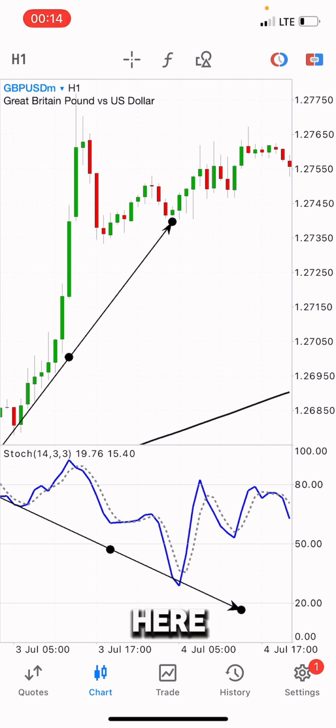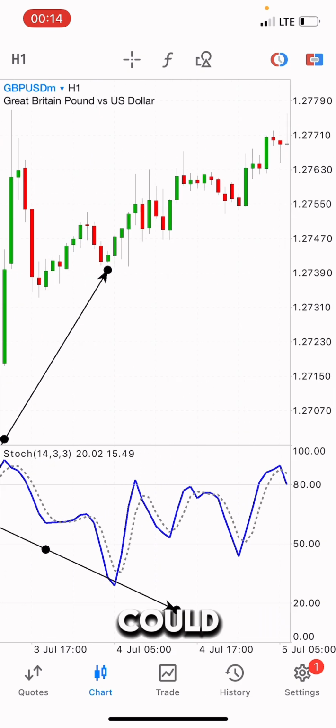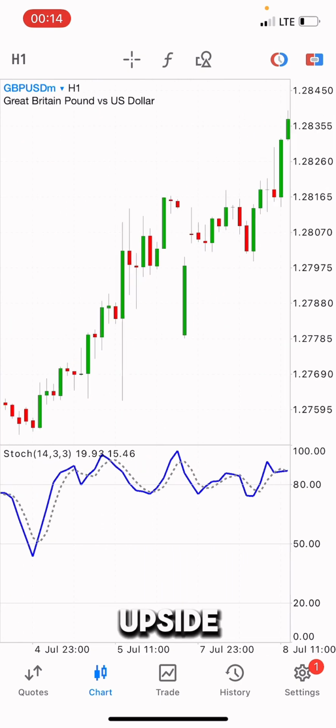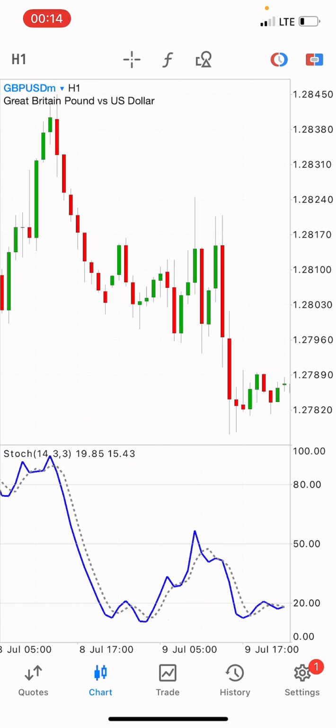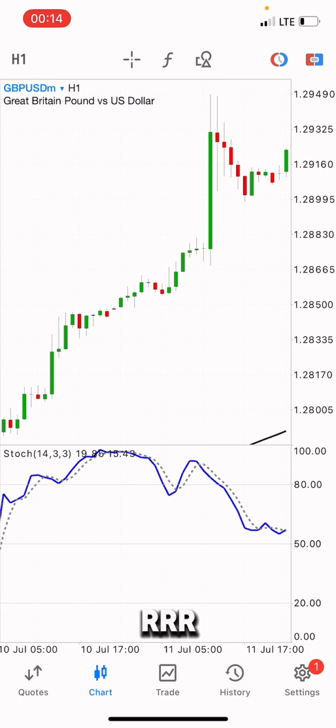Looking at this chart here, you would have seen that price made a form of candlestick confirmation here that this move to the downside was already completed. And after this star confirmation here, we could see that the market kept playing to the upside, and this was a trade that would have given you a good risk to reward.